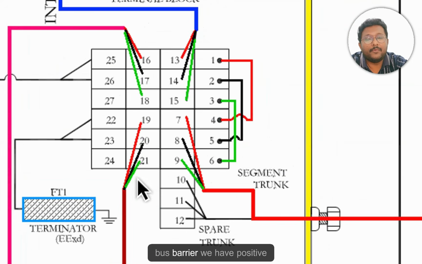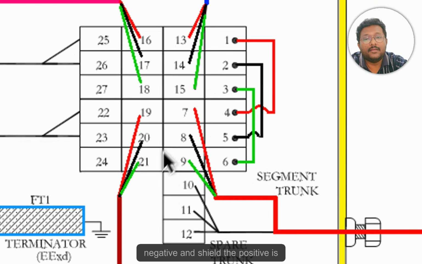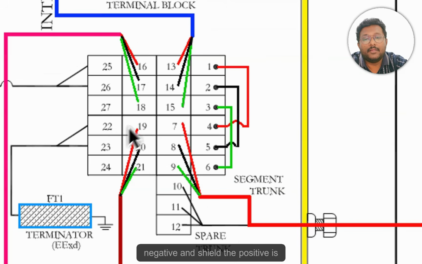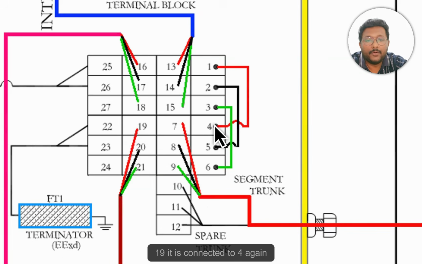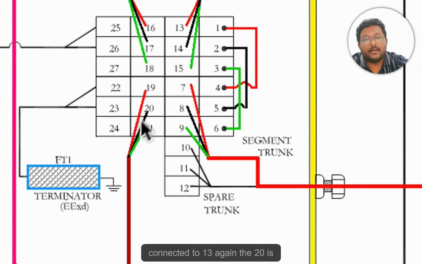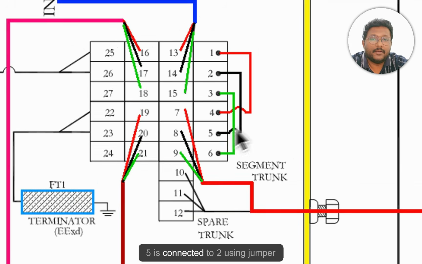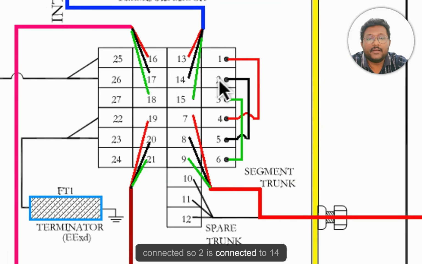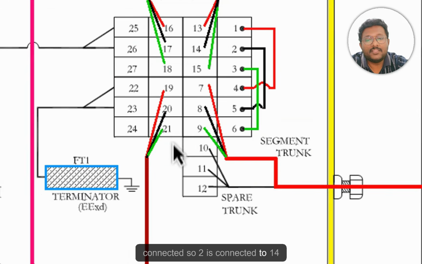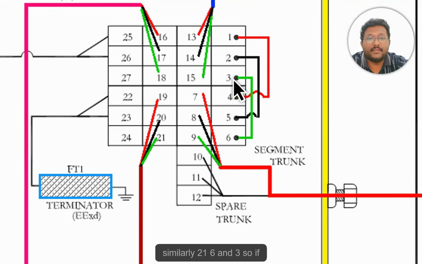In the field bus barrier, we have positive, negative, and shield. The positive is 19, it is connected to 4. Again, 4 is connected to 1, and 1 is connected to 13. Again, 20 is the negative, it is connected to 5. The 5 is connected to 2 using a jumper because these are not internally connected. So 2 is connected to 14. Similarly, 21, 6, and 3.